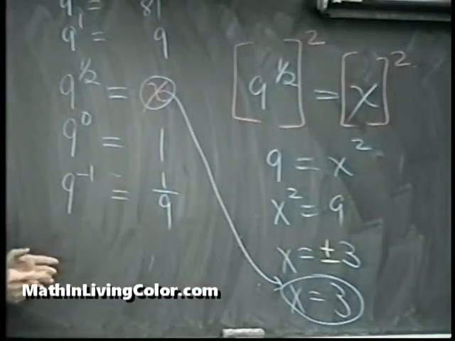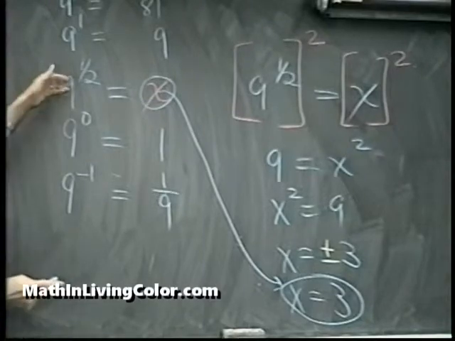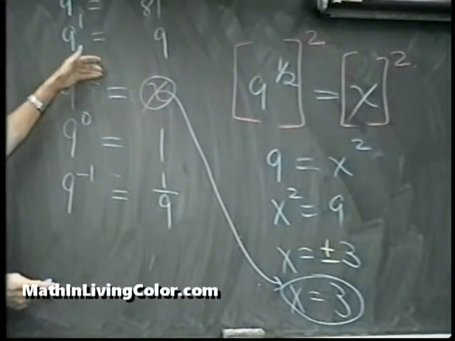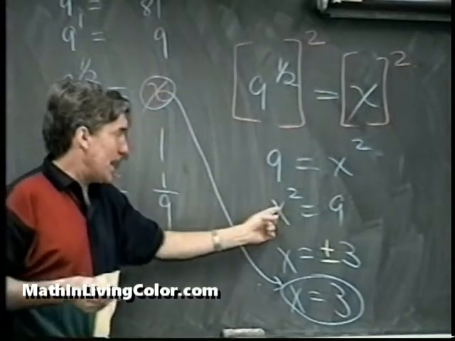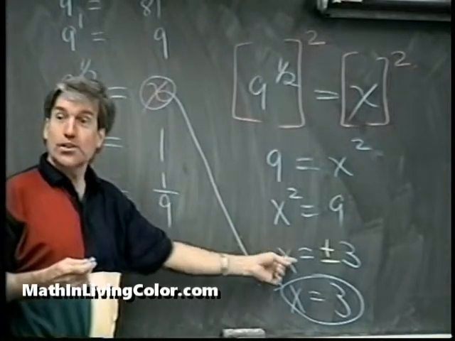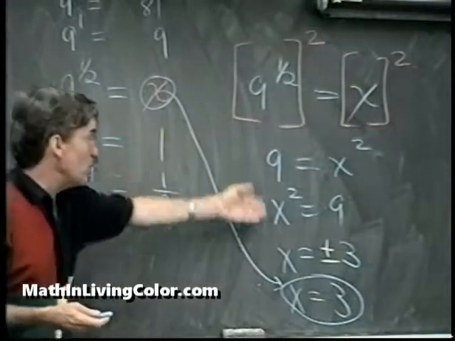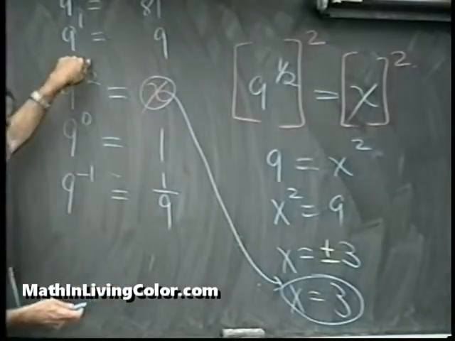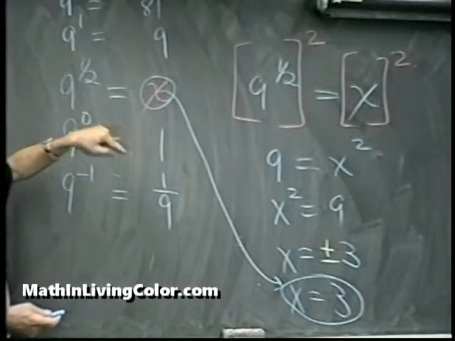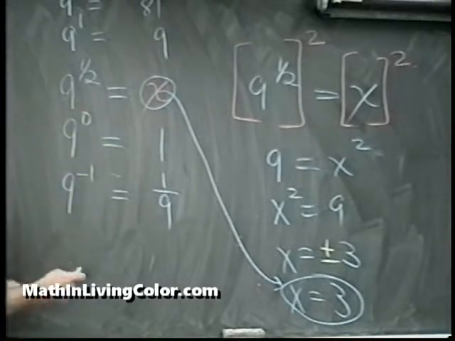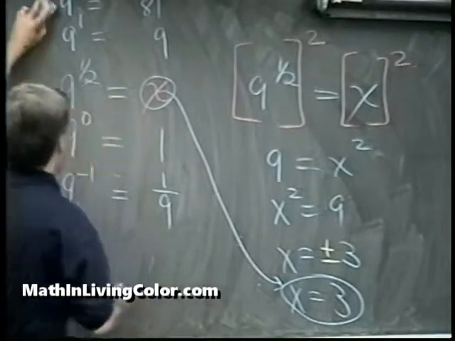Now what operation did you have to go through in order to get the 1/2 power? What operation did we do to get x? You had to do square root, didn't you? Yeah. Okay, in other words, what we just showed here is that 9 to the 1/2 power means the square root of 9. So let me give you another problem.